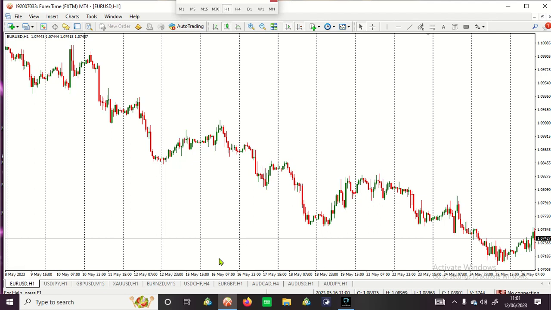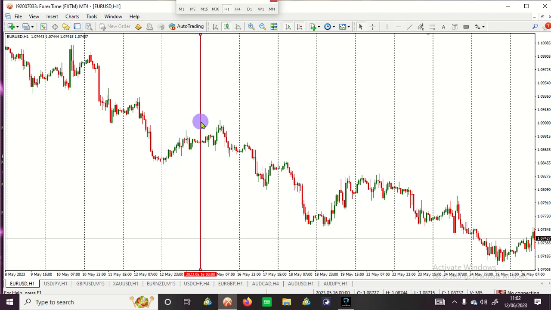Now you can see that I'm on my 1 hour time frame of EURUSD. Looking at this chart, what we'll be looking at is this period separator. We're making use of this period separator to anticipate the directional bias in this trading strategy. Look at this very clearly: this dotted line is the day beginning.